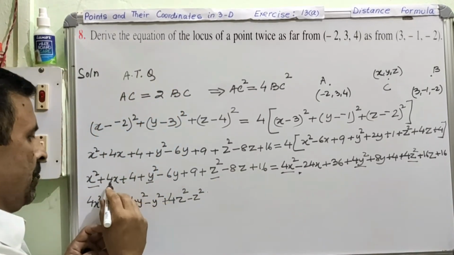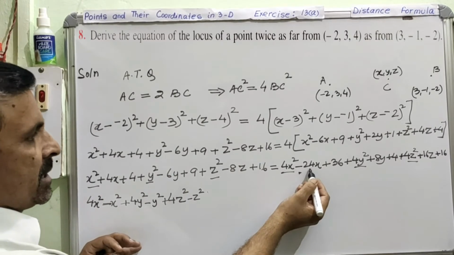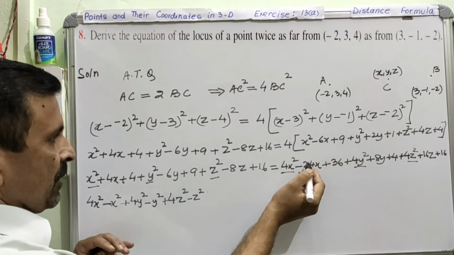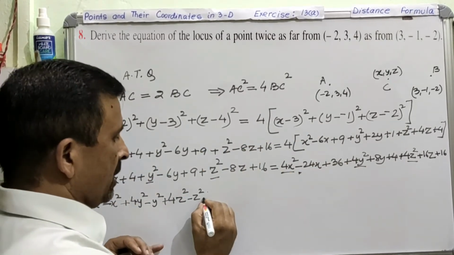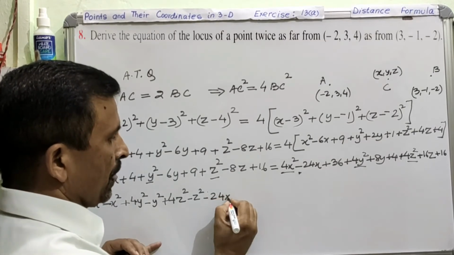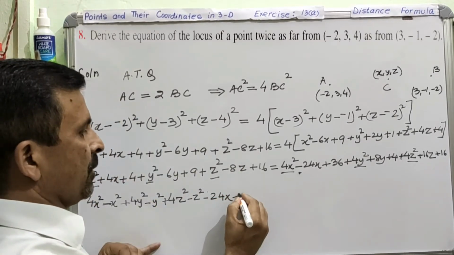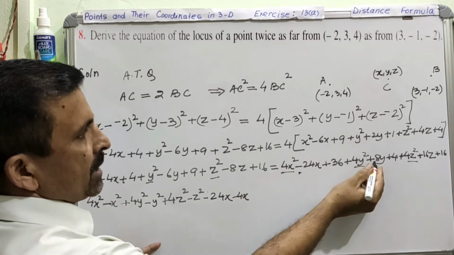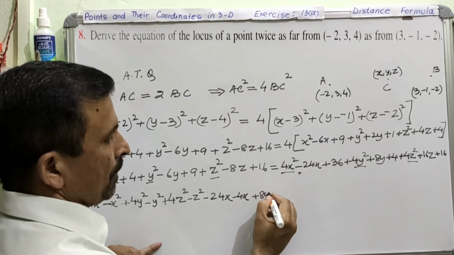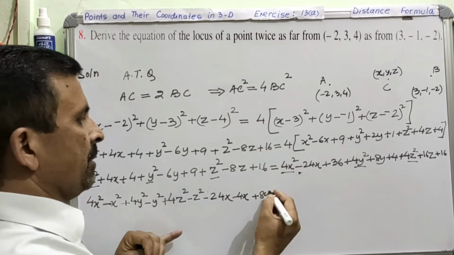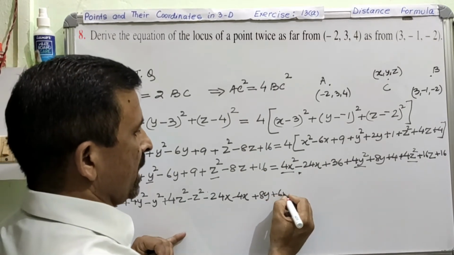Now write the x term. First we will write the right hand side term, minus 24x. This 4x will become minus 4x. Then this is the y term, 8y, and this minus 6y will become plus 6y.